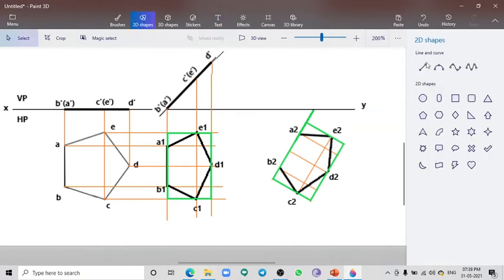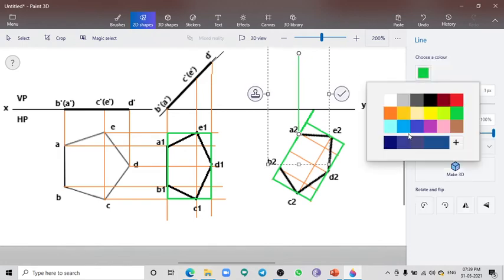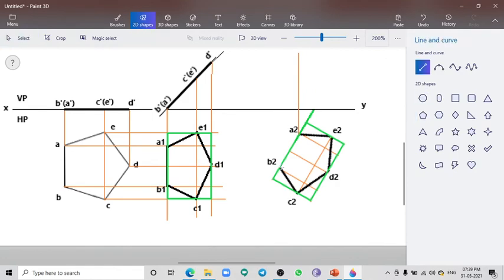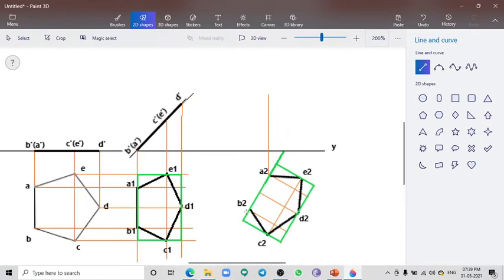Then, as usual, we have to project all the points upward. Next point B to be projected. Next point C. Point D, then finally point E. Similarly, project all the points from here.